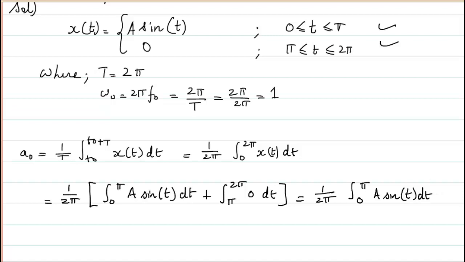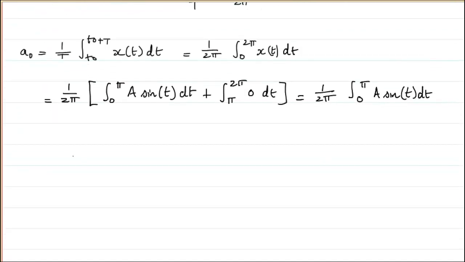Correct? Now therefore a naught is going to be 1 by 2 pi, that is there, and then the integration of a can be taken outside, so I will write a here itself. Okay, then the integration of sine will give me minus cos, correct?